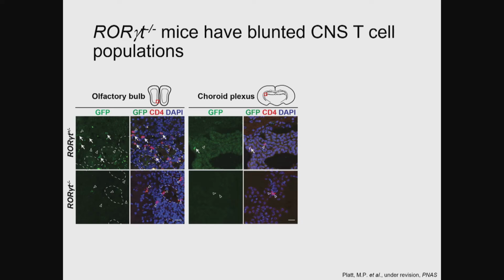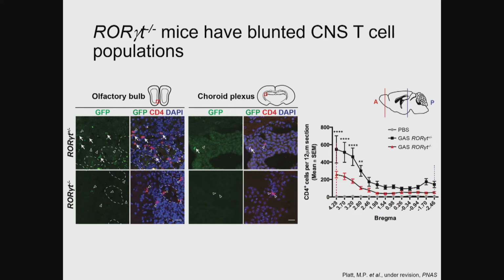In ROR knockouts, we only see red cells, so we don't see any green Th17 cells. We really only see, well, we don't know they're Th1 yet, but they are. And if we count the total number of T cells, this is a similar graph to what I showed before, but in the anterior regions of the brain, in the ROR hets, which are normal immunologically, we recapitulate this robust infiltration of T cells into the anterior parts of the brain.